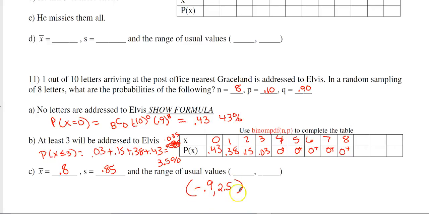So that's by standard deviation. And then by percents, it would have to be from 0 to 2. Because if you look here, all of these percents are less than 5%.